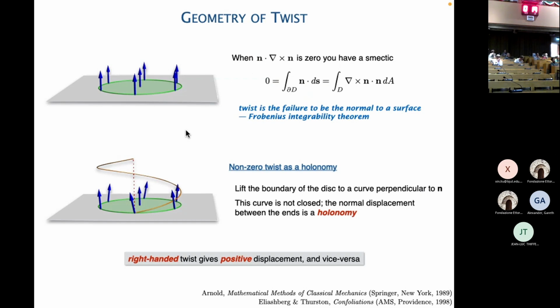So when it's not 0, when you have a chiral material, then something else has to happen. And the pictorial way that you can think about it is that you tilt or you twist the director field away from the surface normal everywhere. And then as I go around this curve, I follow a trajectory which isn't in the surface, but rather which is everywhere perpendicular to this vector field.